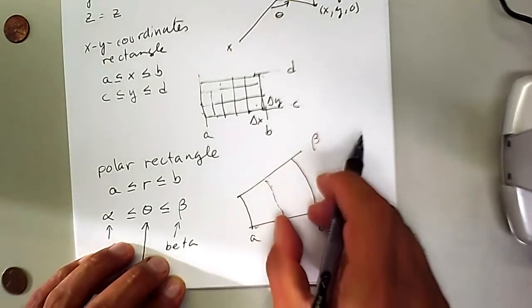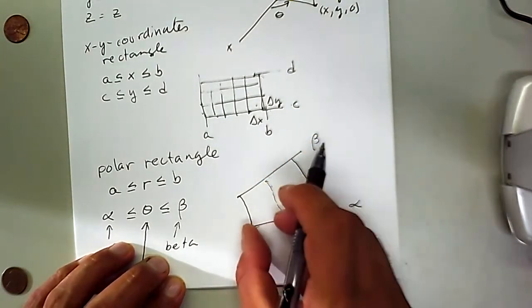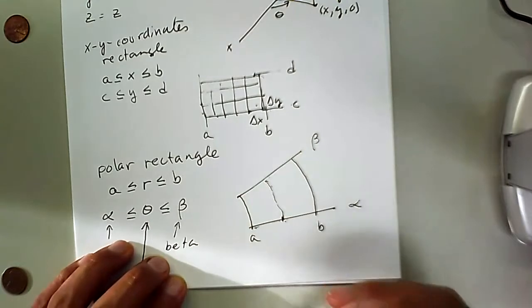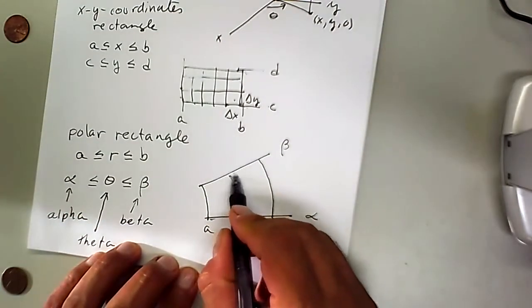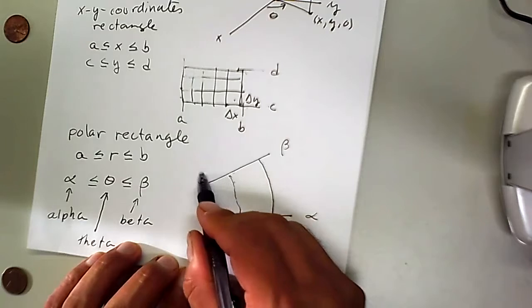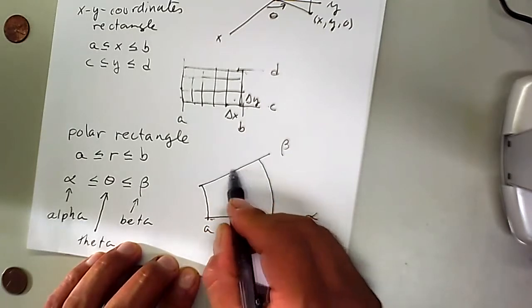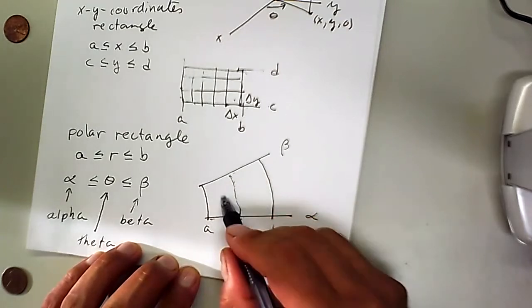This polar rectangle is bigger in area than this one. You can see that because if you draw a line across this way, you get a deficit. So we do get more area here than here.